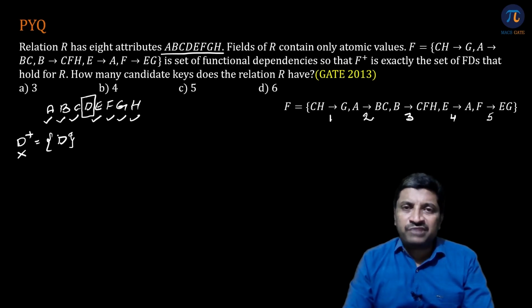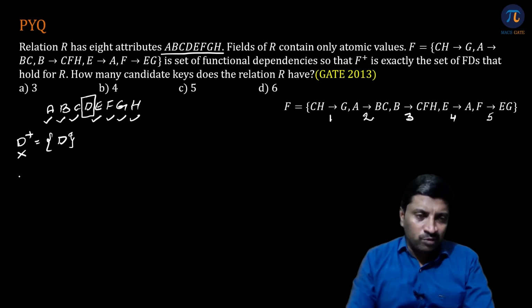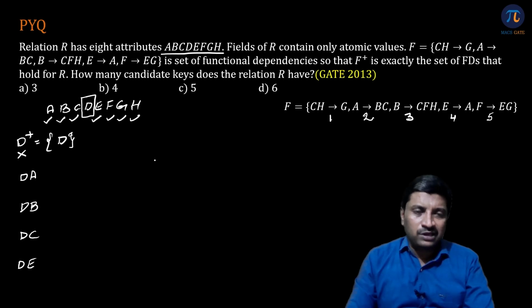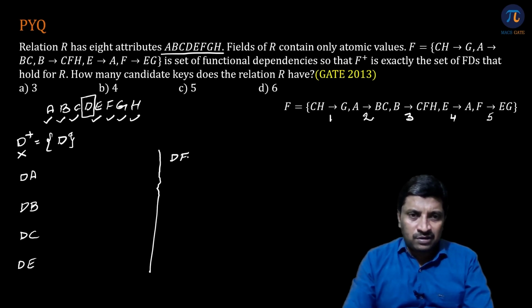So let us verify 2 element attribute sets which include D. What are the 2 element attribute sets? D comma A, D comma B, D comma C, D comma E, then D comma F, D comma G, D comma H. Let us verify each of them one by one.